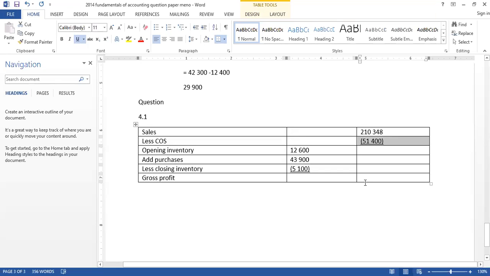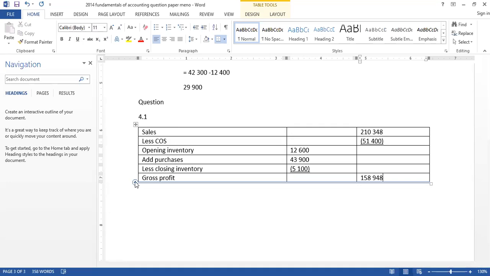How much is our gross profit? 158,948. And then from there, we check if we have wages on bar.